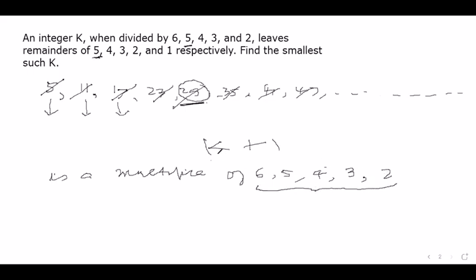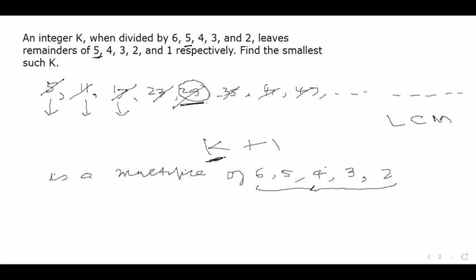You're looking for the smallest possible k, which will make k plus 1 a multiple of all these. So you're really looking for the smallest common multiple, the lowest common multiple, and that is what you mean by the LCM.